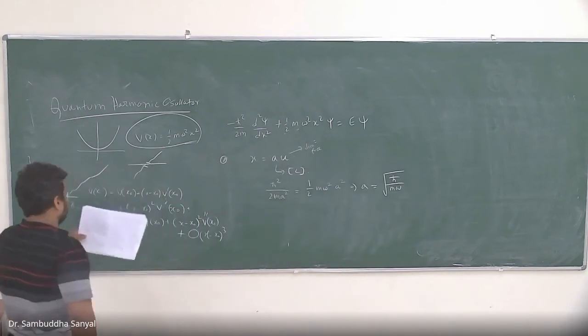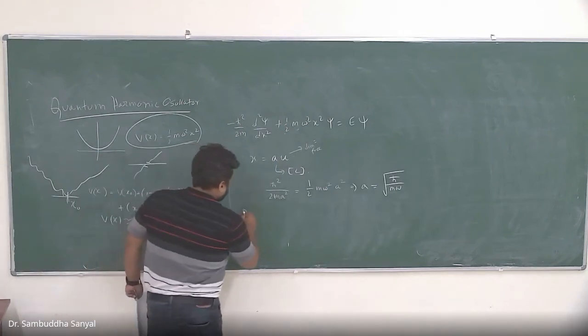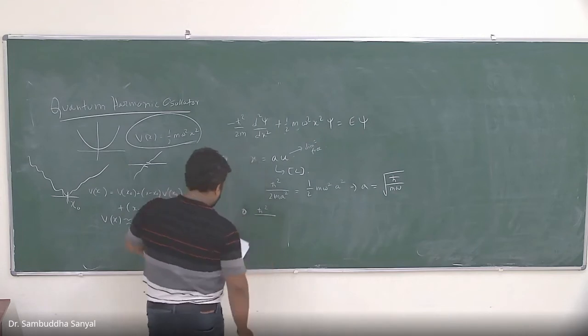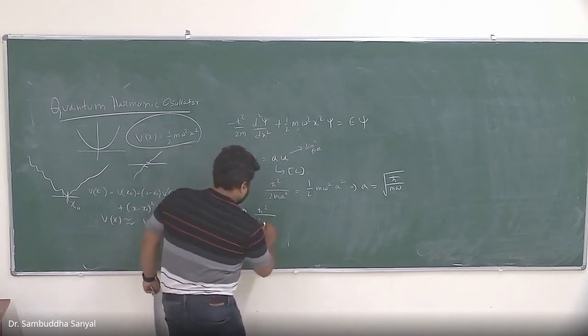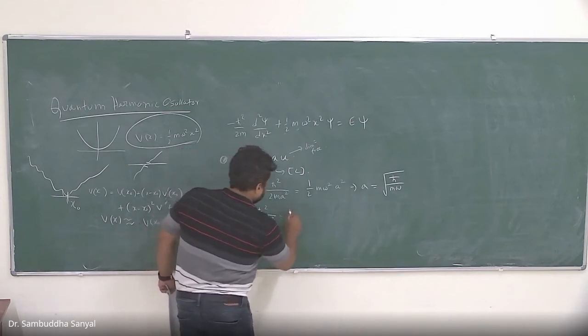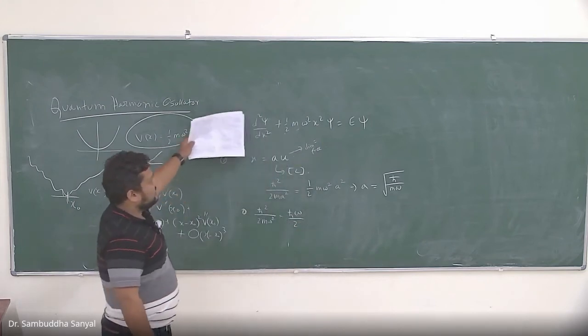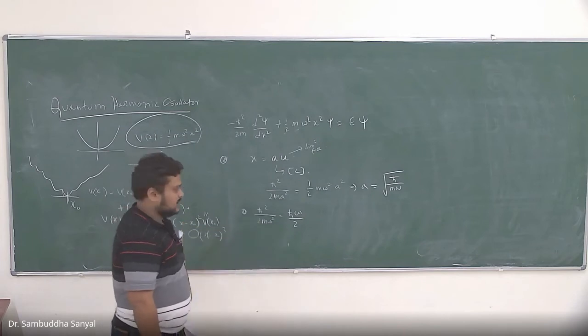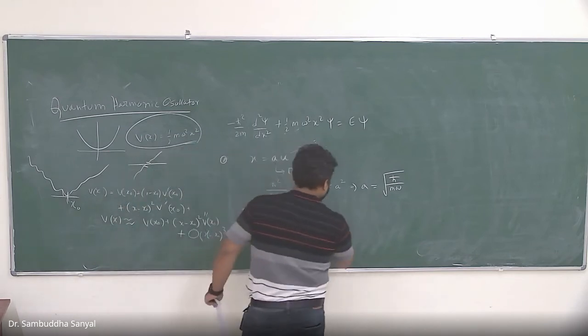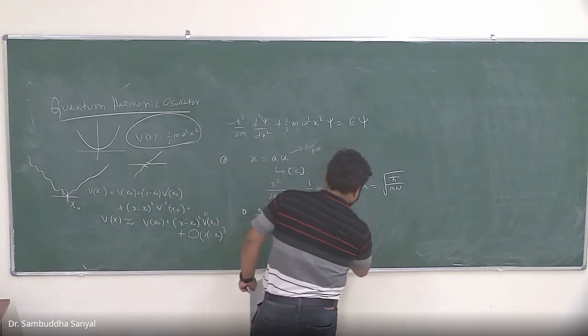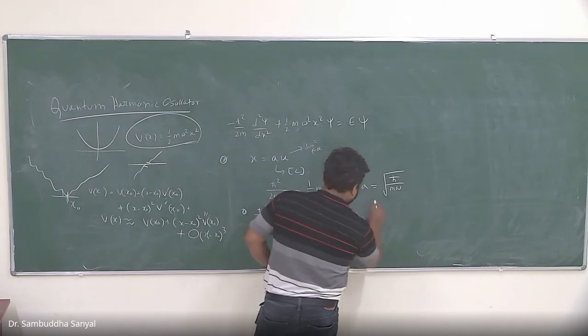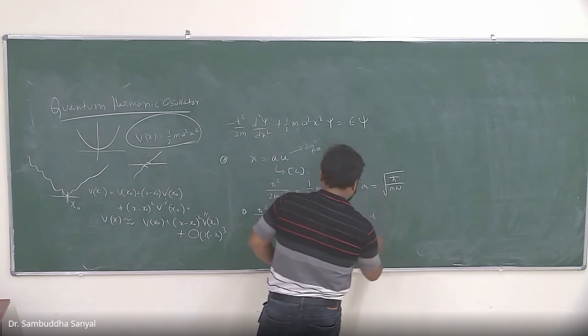So if I do that, then h bar squared by 2m a squared becomes h bar omega by 2. So now you get this whole thing manifestly with energy dimension, which is h bar omega. And this is half m omega squared a squared, just plug it in, it is also h bar omega by 2.